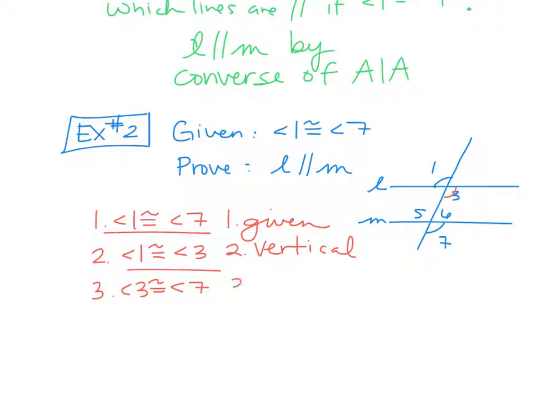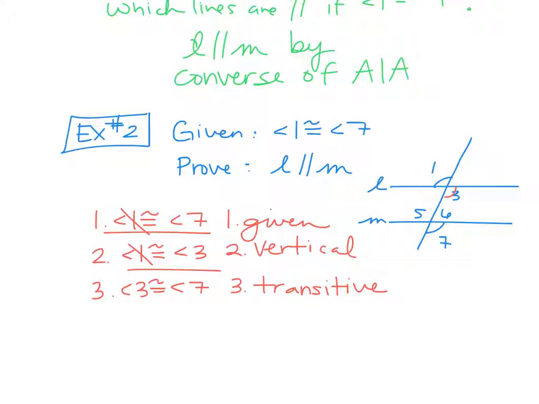And what is that? It's not by corresponding, because we don't know the lines are parallel. It's the transitive property, because we crossed out the two that are the same, right? Or you could say substitution. Okay, so that's the transitive property that says 3 is congruent to 7.